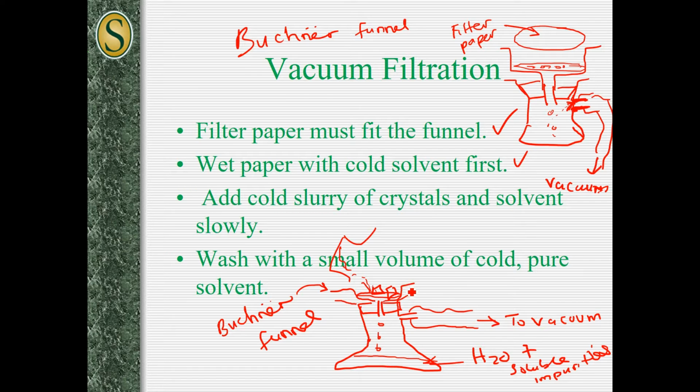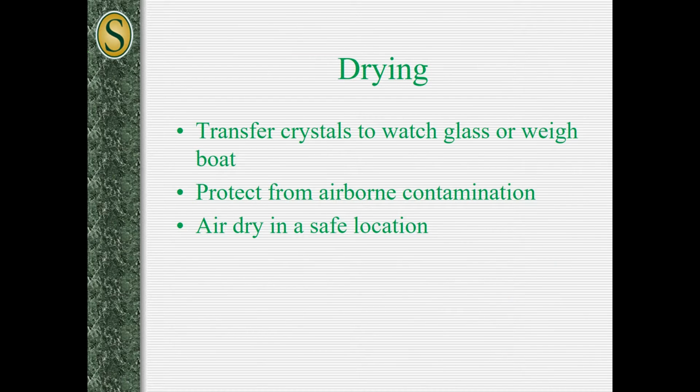Once it's done, we'll rinse the crystals, and then we'll lift them up with a spatula. So you will have your filter paper carrying the crystals. We'll keep them out for a week to dry, and then we'll weigh them for the percentage recovery. We transfer the crystals and the filter paper onto a watch glass or a weighing boat, cover them and keep them to dry in a safe location.